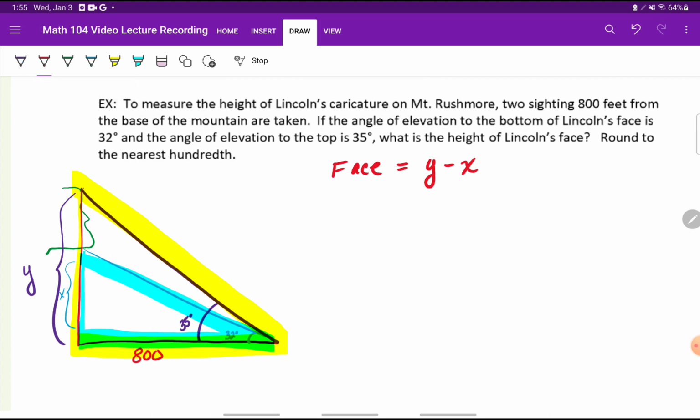I'm going to draw two separate breakout triangles so we can work them individually and then put the ideas together. So I'll do the big triangle first. 800 feet away, our angle of elevation is 35, and we're looking to find this height y.